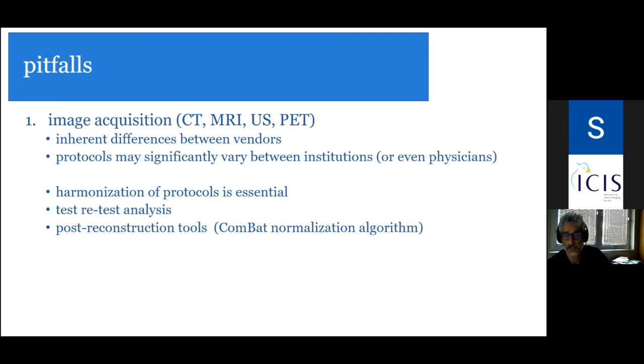Retest analysis may be beneficial in order to find out what is the inherent variability of the features you are extracting. And there are also some post-reconstruction tools, like the ComBat normalization algorithm, but there is more than one, that work in terms of normalizing the images coming even from different equipment produced by different vendors.